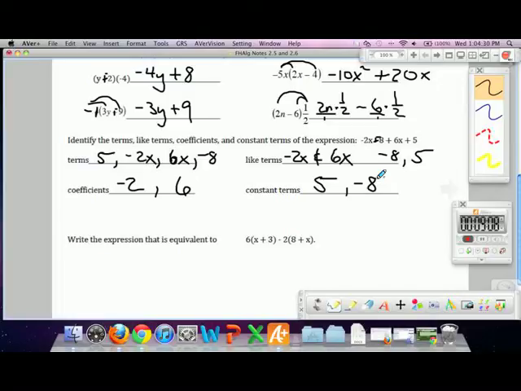If I ask you to write an equivalent expression, that means use the distributive property to simplify this and combine any like terms. I chose this example very deliberately because notice that I'm subtracting in between here. If you are subtracting outside of a group of parentheses and there is distributive property, I can't stress enough that you need to start by writing this as plus negative of whatever is there.